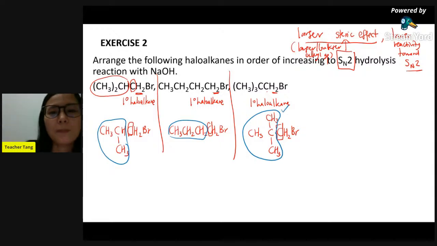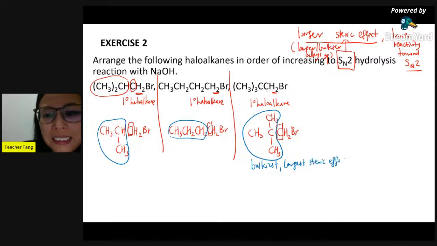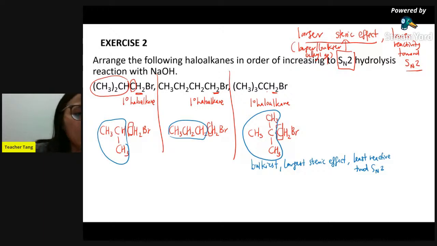This one is the bulkiest, so it has the largest steric effect. So the least reactive towards SN2. Okay, so followed by this.